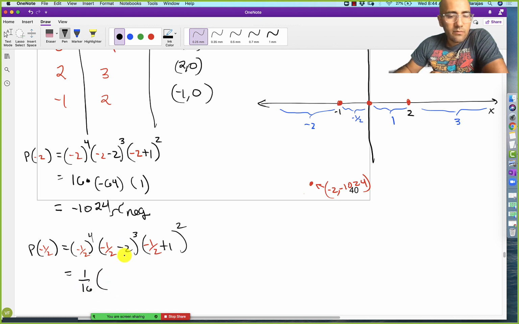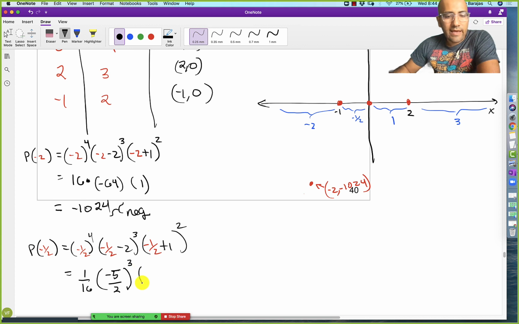This as a mixed number is... wait, no, 5 over 2. Right, so negative 2.5, raised to the power of 3.